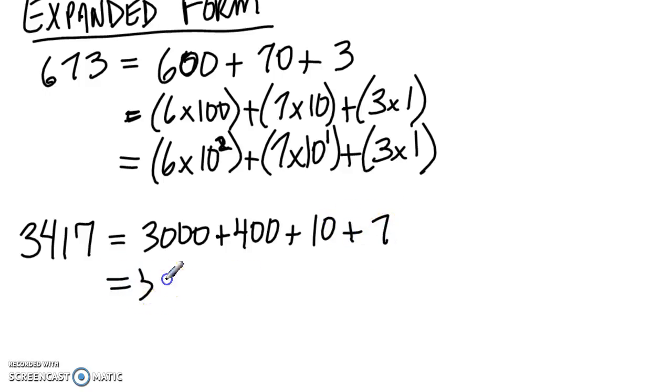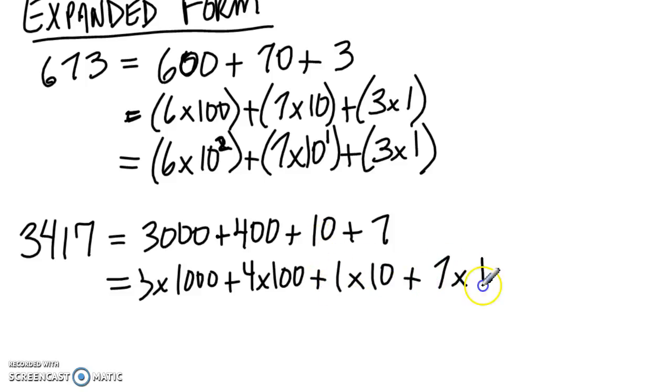So that would be 3 times 1,000, 4 times 100, that'd be 1 times 10, and 7 times 1. And I forgot that in my last example, I put these in parentheses. There we go. The parentheses are actually not necessary. They just group them so it's visually easier to understand.